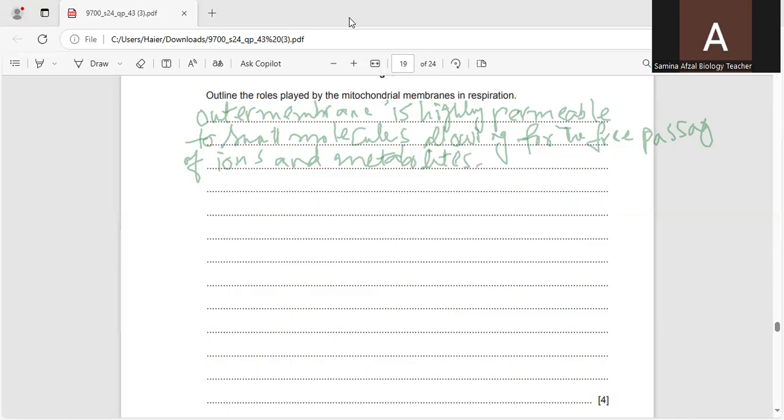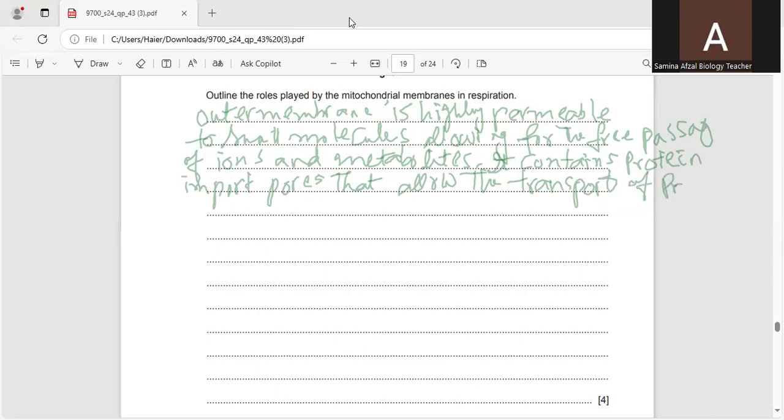And then it contains protein import pores that allow the transport of protein synthesized in the cytoplasm into the mitochondrial matrix.